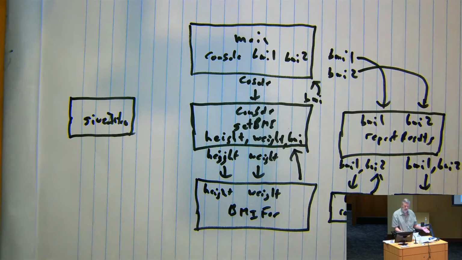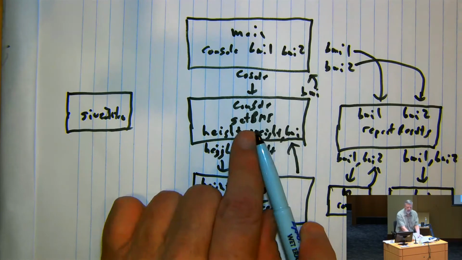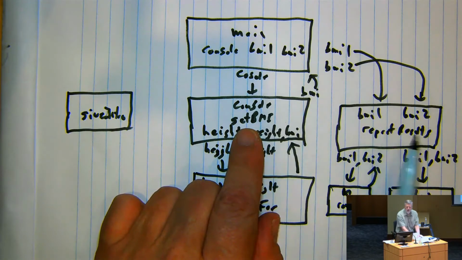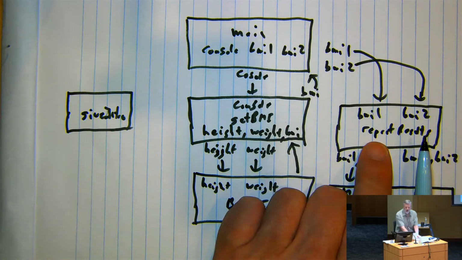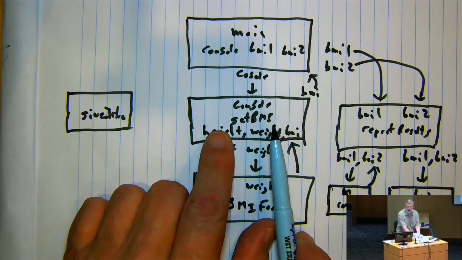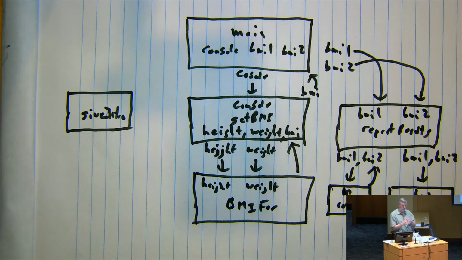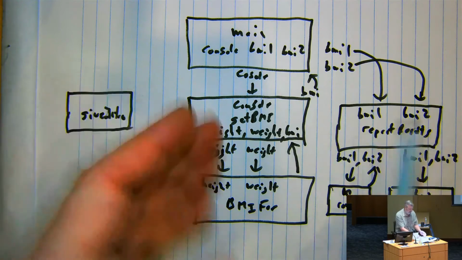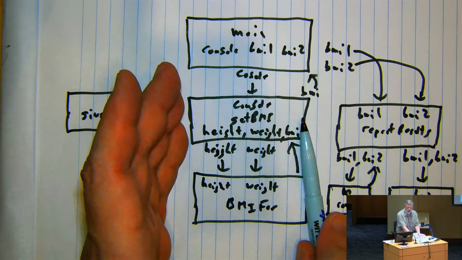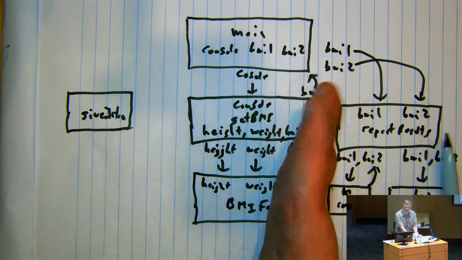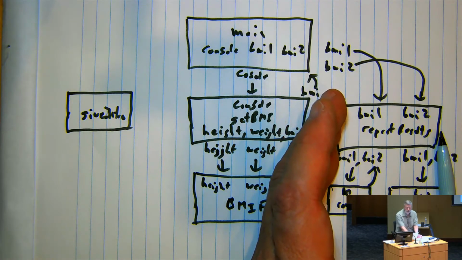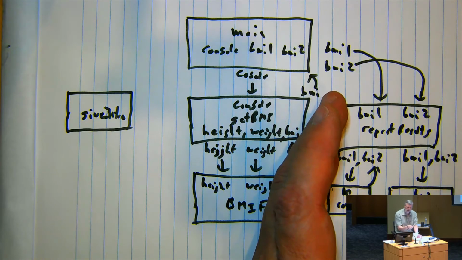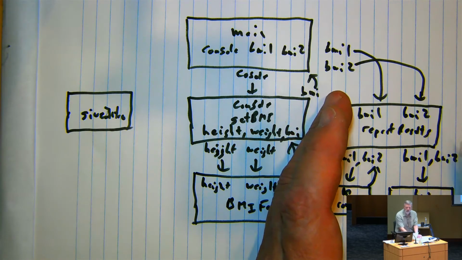And an interesting thing about that is that this get BMI branch of the program knows nothing about report results. And this report results part of the program knows nothing about get BMI, which is the way you want it to be. You want to be able to break down your program into these different bits of code, where this is dealing with the prompting and the reading and the computing, and this is dealing with the rounding and the printing and the figuring out the if-else to figure out what kind of adjective to use for describing the person.